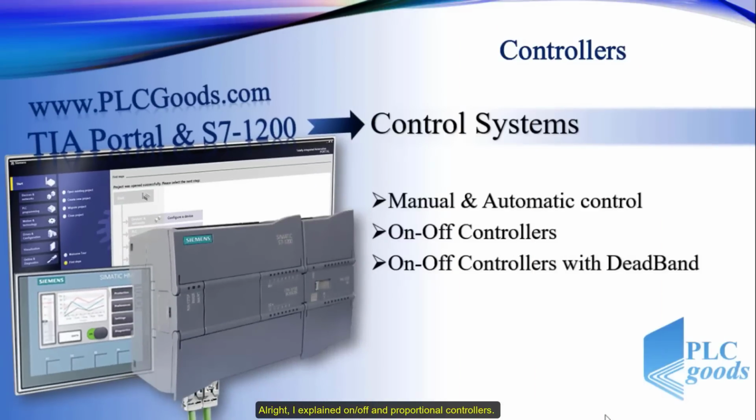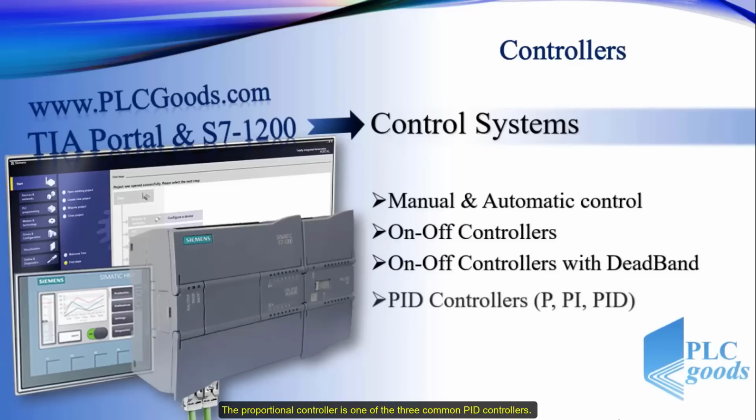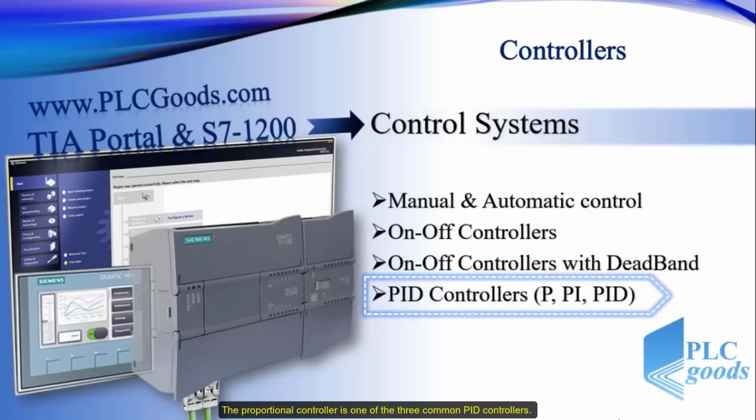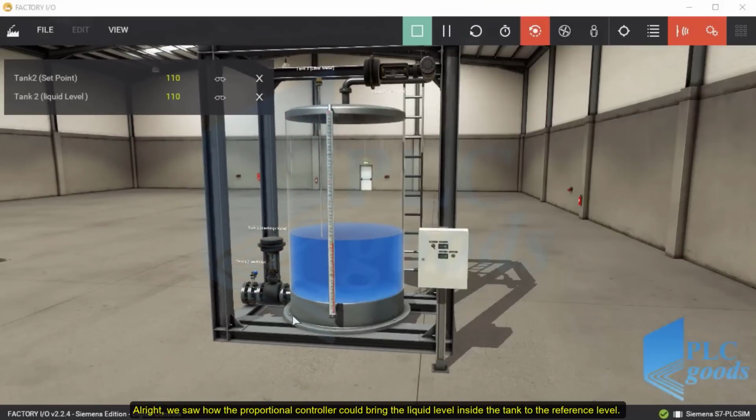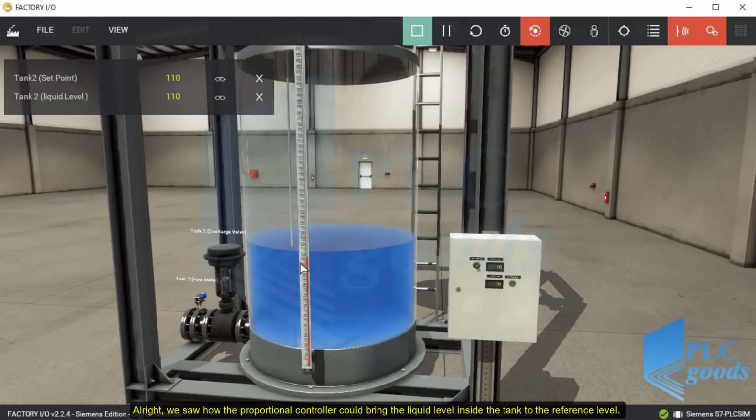Alright, I explained on-off and proportional controllers. The proportional controller is one of the three common PID controllers. Now we are going to explain and test the PID controllers. Alright, we saw how the proportional controller could bring the liquid level inside the tank to the reference level.